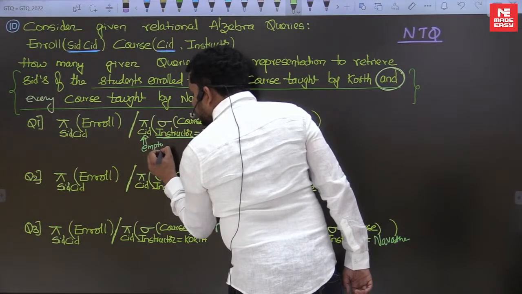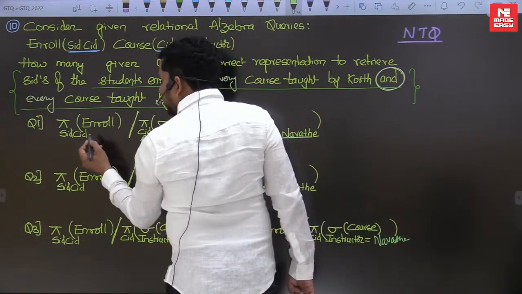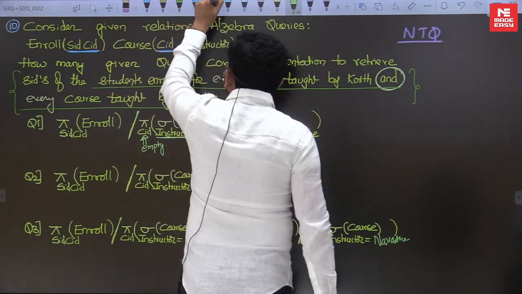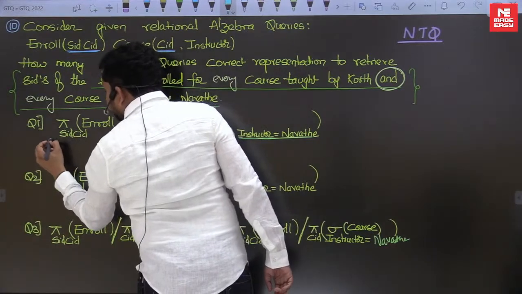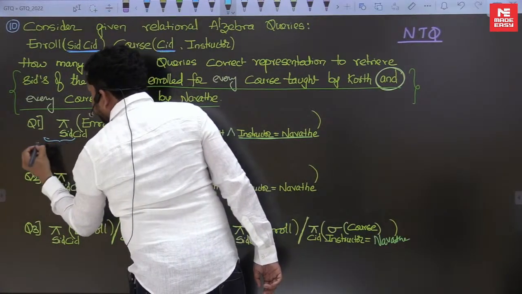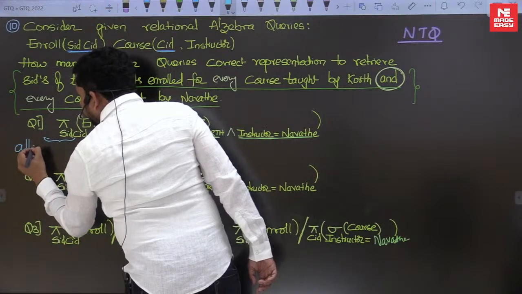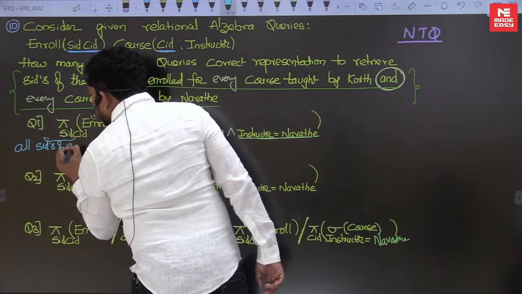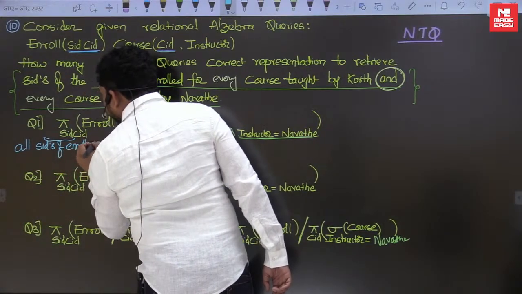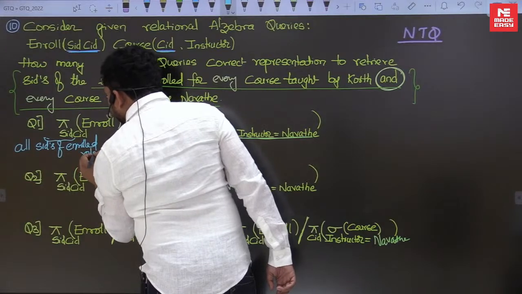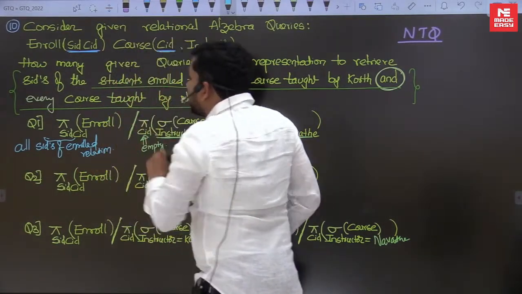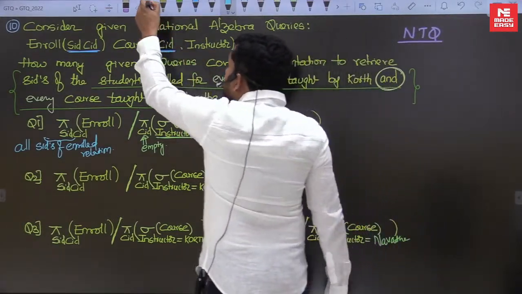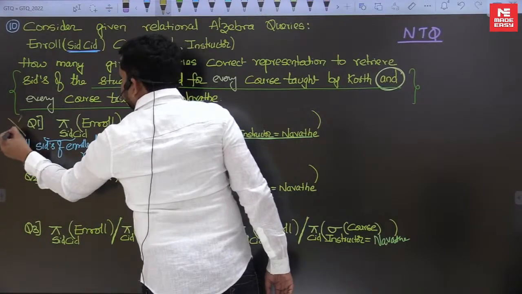If the denominator set is empty, for the division operation you will get all the SIDs of the enrollment. This query gives all the distinct SIDs of the enrolled relation, so it is not eliminating the students who do not satisfy the given specification. So the first query is incorrect for the given specification.